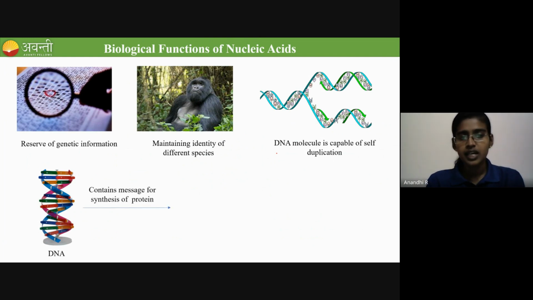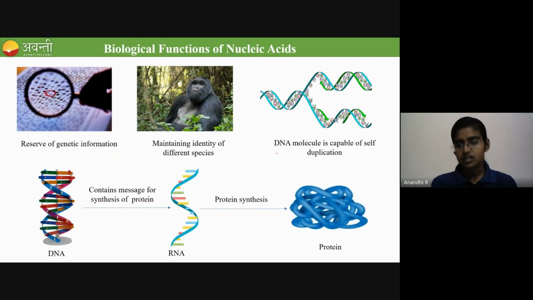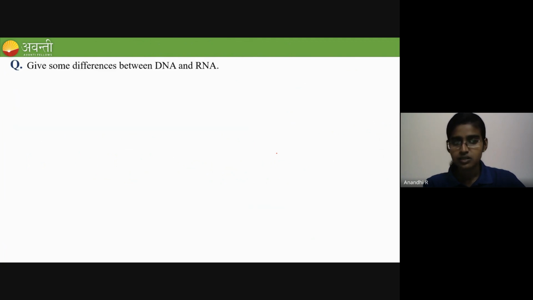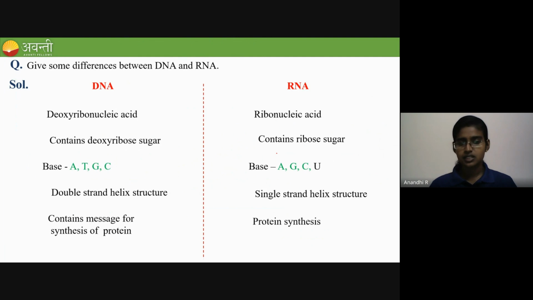And DNA contains the message for the synthesis of protein, and RNA synthesizes the protein. So protein synthesis is done by RNA. So these are the biological functions of nucleic acids. Okay. So there are some differences between DNA and RNA shown to you on the screen. You can take a screenshot of it.